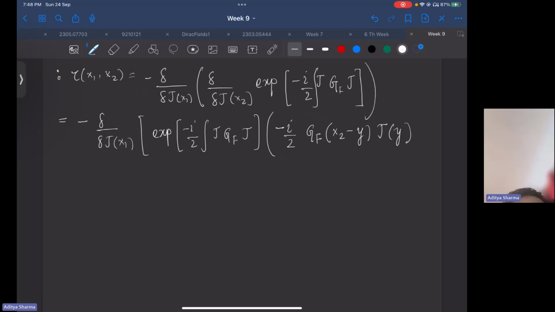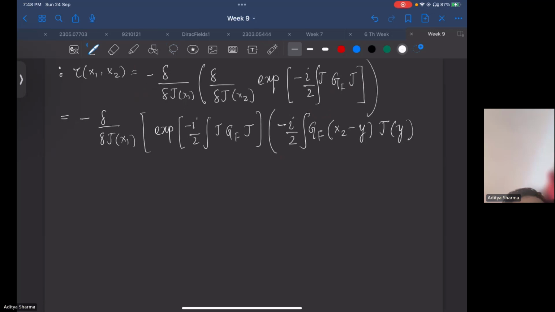So the integral over x vanishes, so you have an integral over y. Same thing. You have minus i by 2 integral dx now. So you have g of x intact, GF of x minus x2.